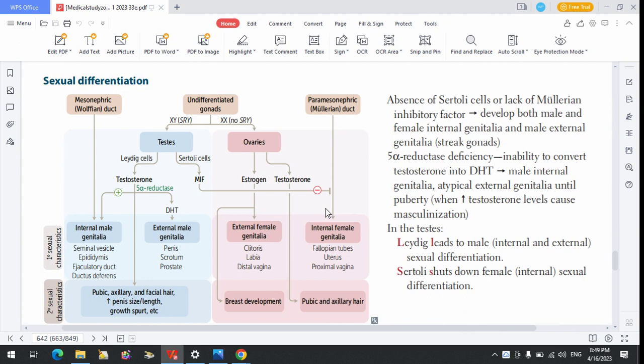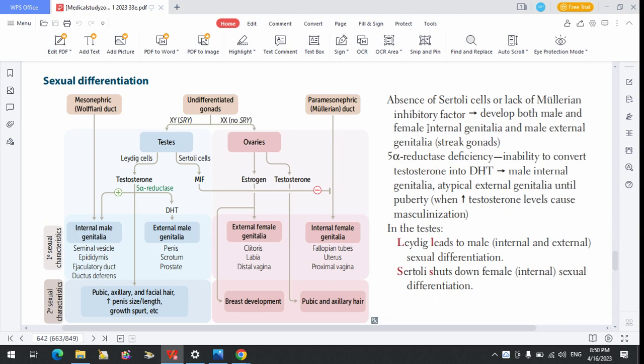So, absence of Sertoli cells or lack of Mullerian inhibitory factor. It means that you can only appreciate this abnormality if that person is a male, because you know that in females automatically there are no Sertoli cells. But if someone is a male and there's an absence of Sertoli cells, there is a problem.